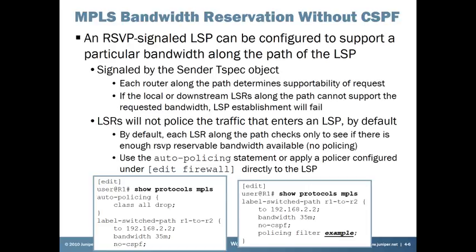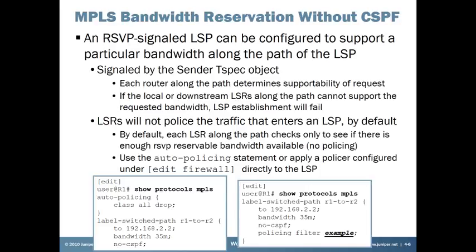Okay, so the point here is that even without using constrained shortest path first, we still specify a bandwidth requirement. If we have specified a bandwidth, and if we specify a manual ERO, then if that bandwidth is not available on our path, well, the LSP fails. That is the downside.